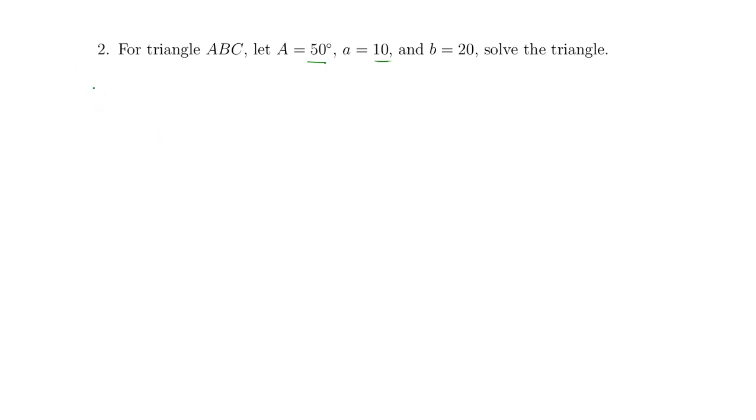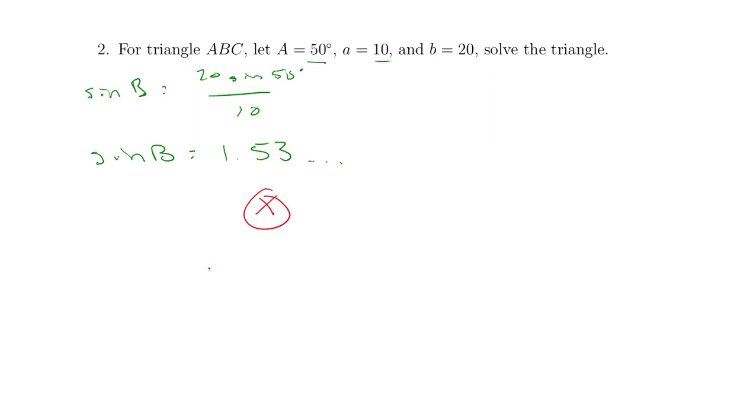All right, let me give this a shot. So hopefully you've got something like sine of B equals 20 sine of 50 degrees over 10. So really we're looking at 2 times sine 50. And that is 1.53, blah, blah, blah. And hopefully there's a red flag going up, because this can't happen.